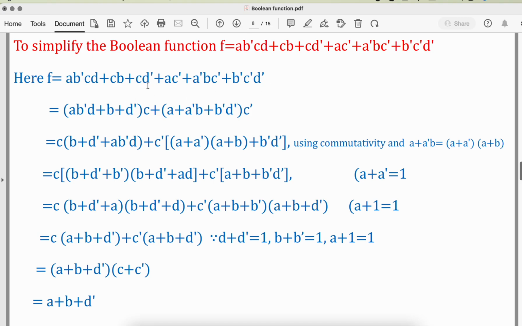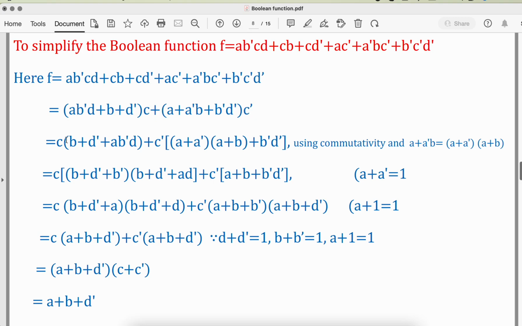In these three terms, c is common. If we take c common, we get c into (ab'd + b + d'). In these three terms, c' is common, so we get (a + a'b + b'd') into c'.